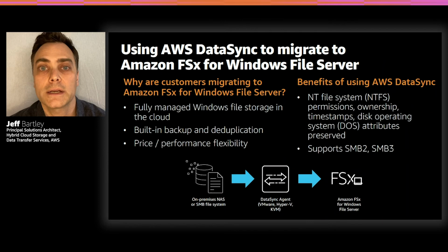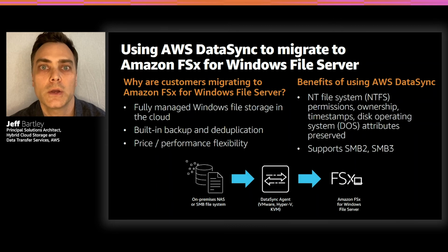We also have a lot of customers migrating their on-premises SMB shares or Windows servers up into FSx for Windows File Server, which is a fully managed Windows storage environment. And FSx has a lot of capabilities around backup and deduplication. It also has a lot of options around how to configure your storage.